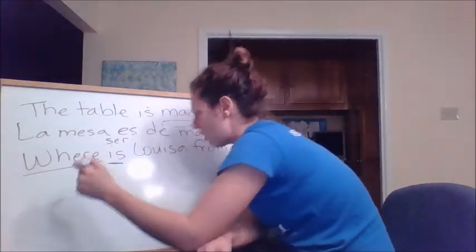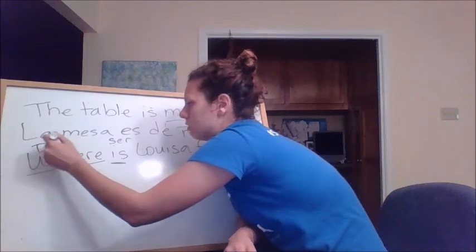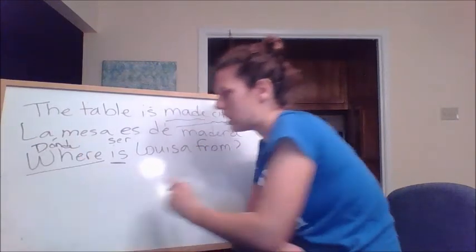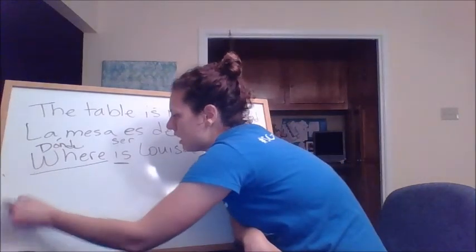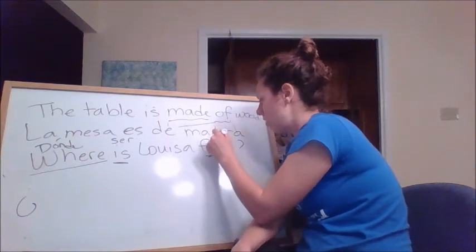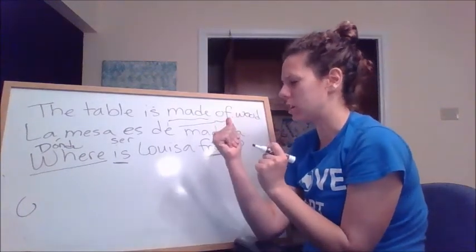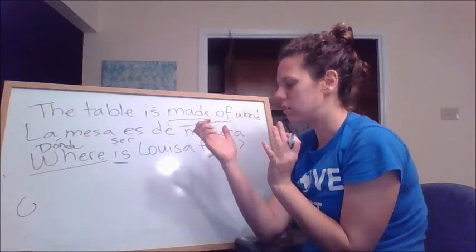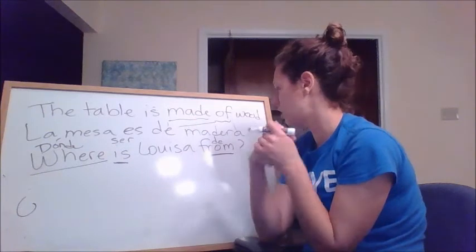Our word, did I already do a question like this? I feel like maybe I did. Donde is the word for where. So we would say, upside down question mark, but we have to use our de, which is kind of a compound interrogative, I think is what it's called, if I remember correctly.